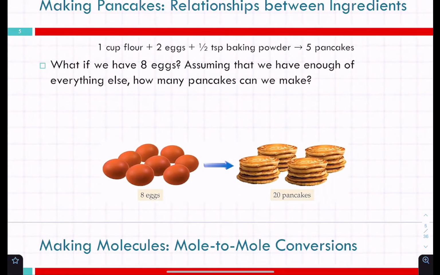So if we have 8 eggs, and assuming, again, unlimited flour and unlimited baking powder, we can make 20 pancakes. One of the concepts we're also going to cover is, what if you don't have infinite amounts of everything else? What if we have limited amounts of flour and baking powder?